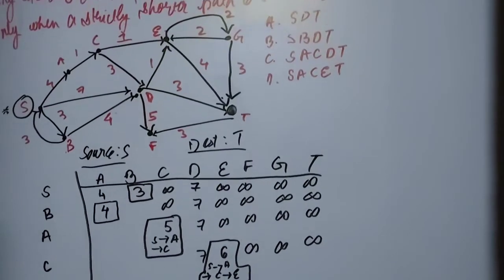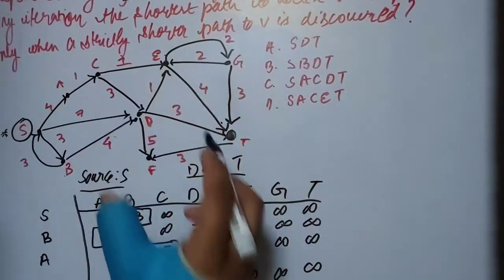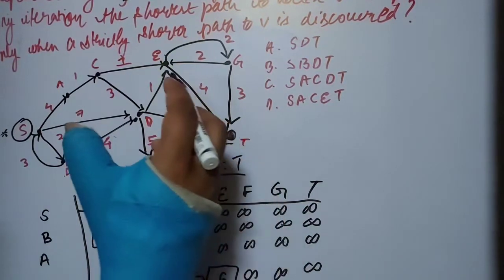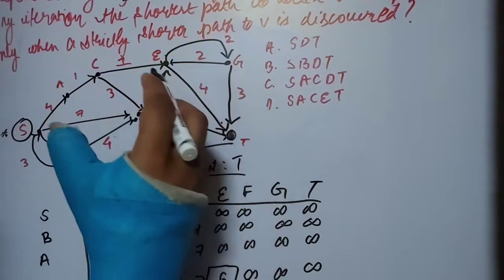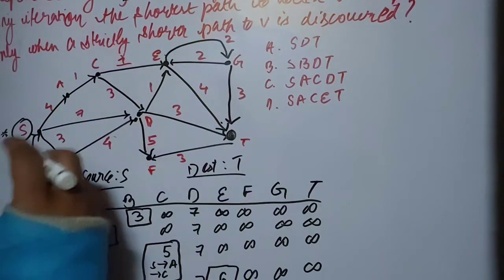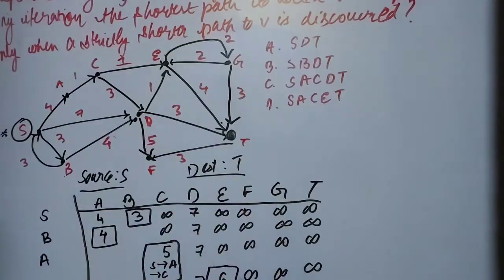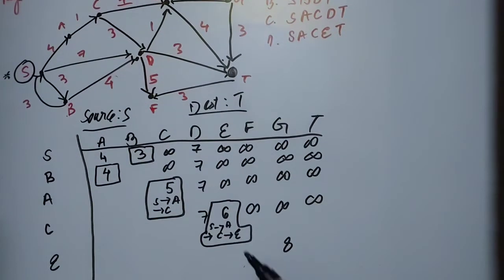Now from E we could go to G, and we could also go to T. If we go from E to G, its edge weight is 2, and from S we could reach E in 6. So 6 plus 2 is 8, and 8 is less than infinity, so we will update this 8 here.